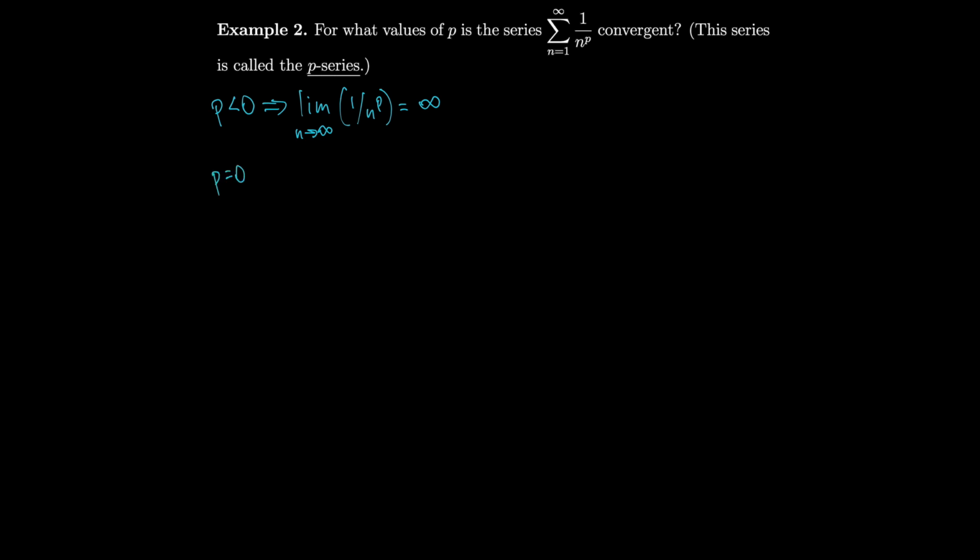So let's look at p equals 0 now. We have the exact same thing. Our limit of 1 over n to the p becomes the limit of 1 over n to the 0, which is 1. So in both of these cases, our sum diverges by the test for divergence.